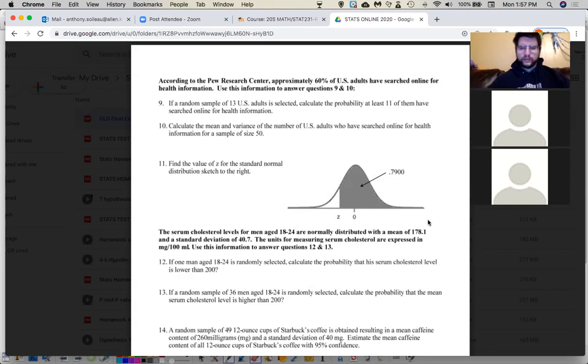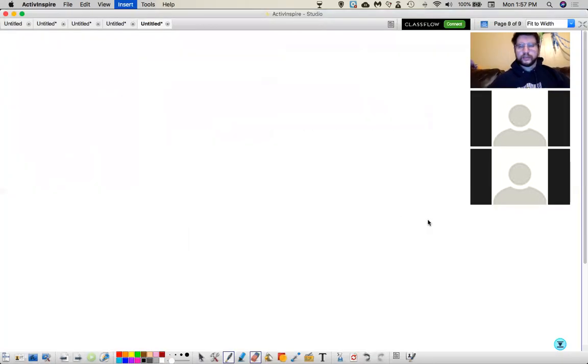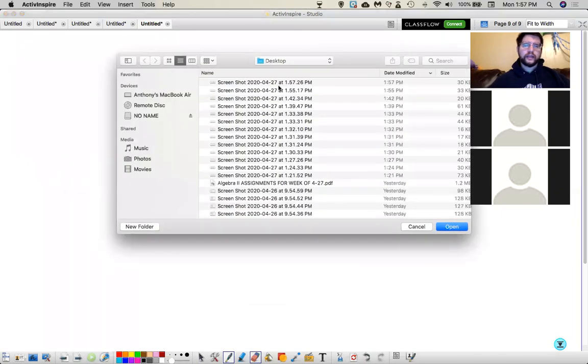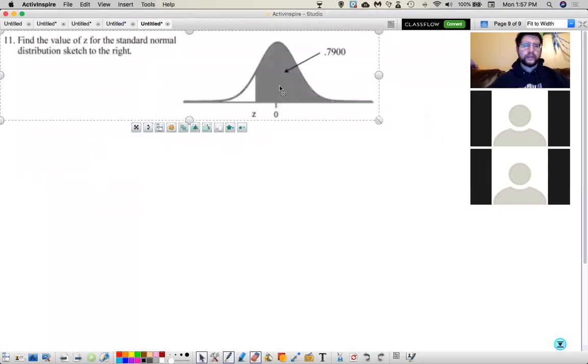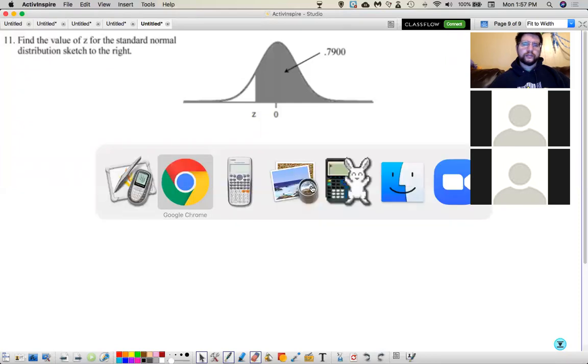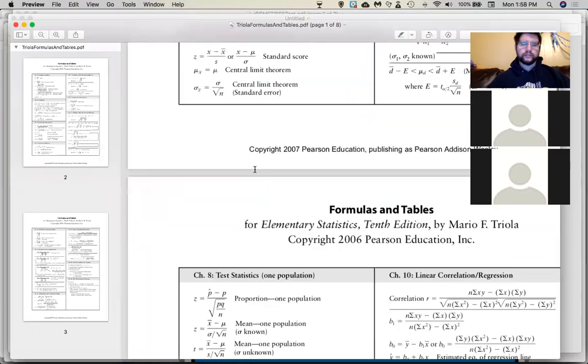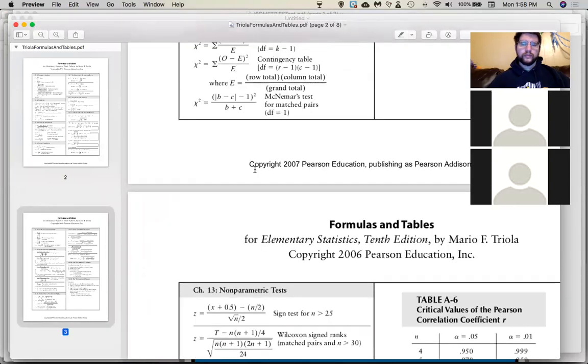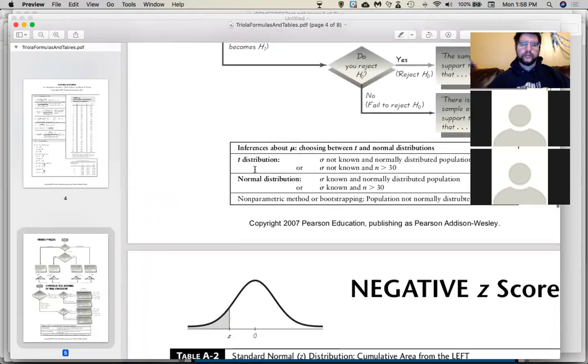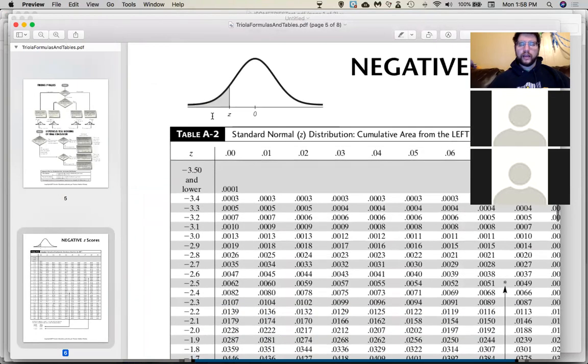Find the value. Okay. And again, I'll do these by hand, with Casio and with TI. So it says find the Z value for this sketch, basically. So we know the area to the right is 0.79. Okay. So if we're looking on the chart, that's giving us the area to the left.